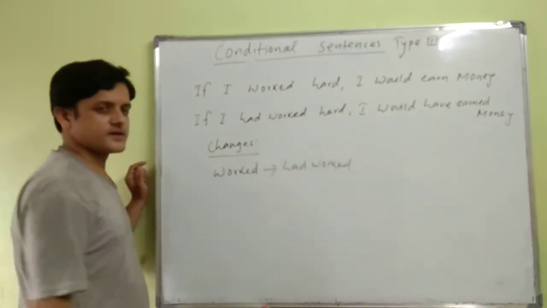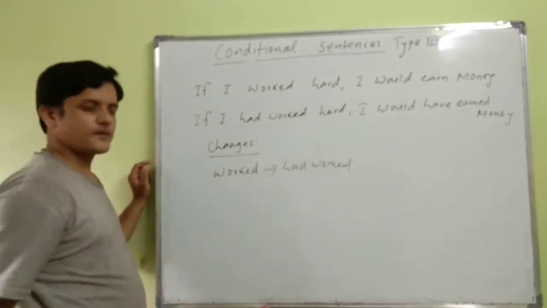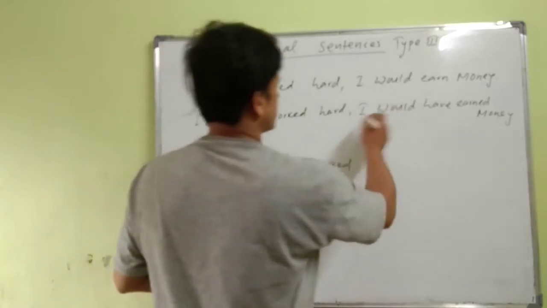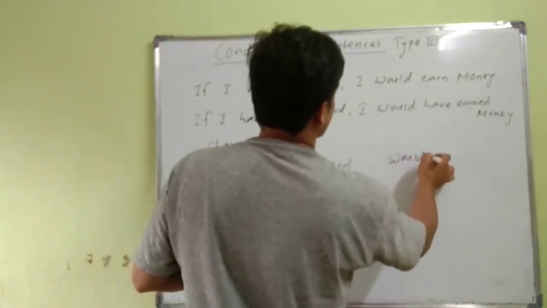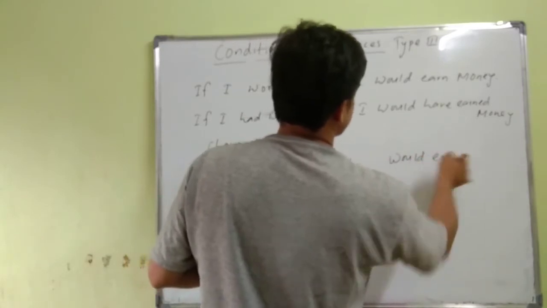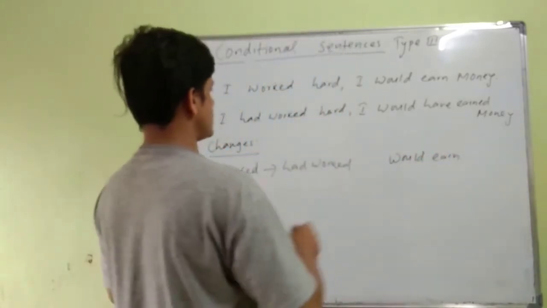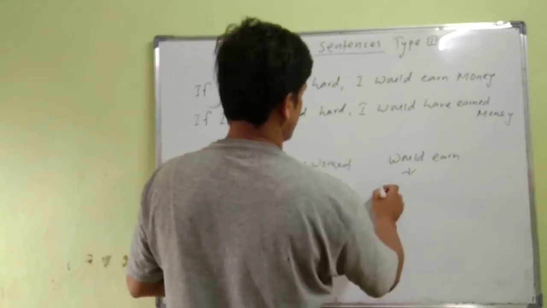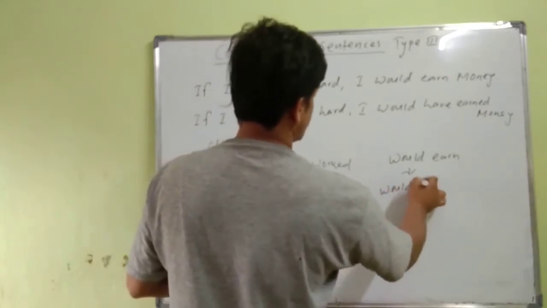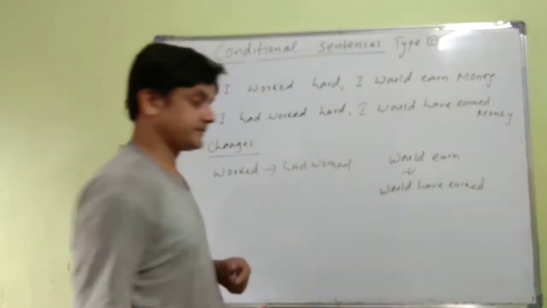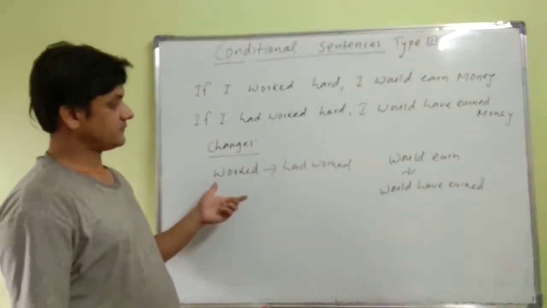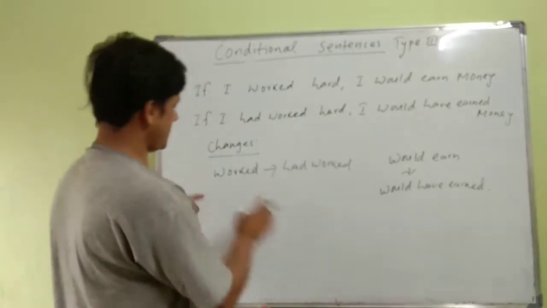Other things are the same in the if clause. And in the main clause the subject is the same, after that there is would earn, and it has been changed here to would have earned, right?